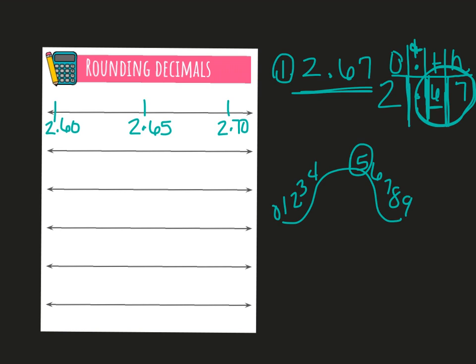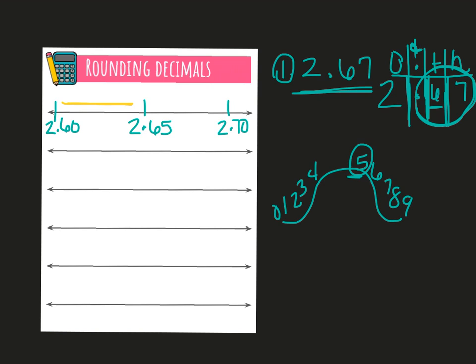Okay, so then I look at my number, 2 and 67 hundredths. The reason I say 5 is the halfway point, aside from it being in the middle between 60 and 70, is that 5 is how I decide if I am rounding up or if I am letting my number rest. Does 2 and 67 land between 2 and 60 and 2 and 65?